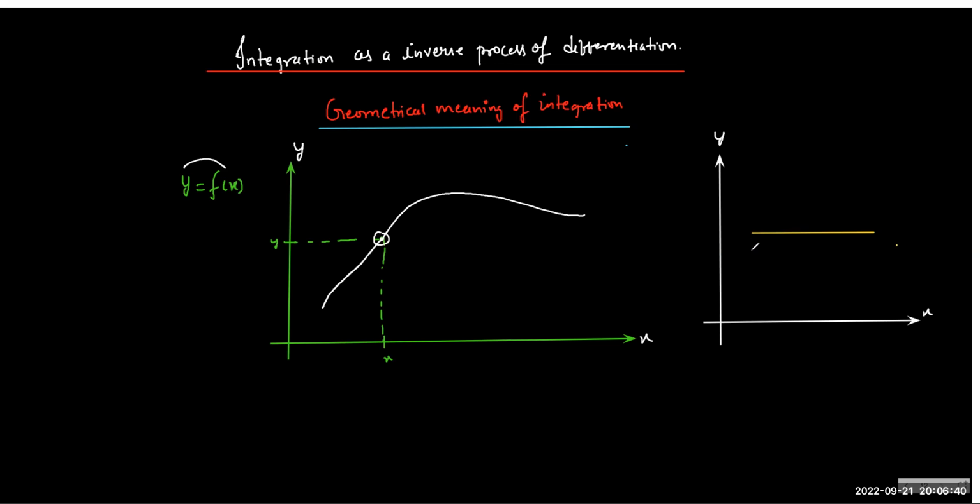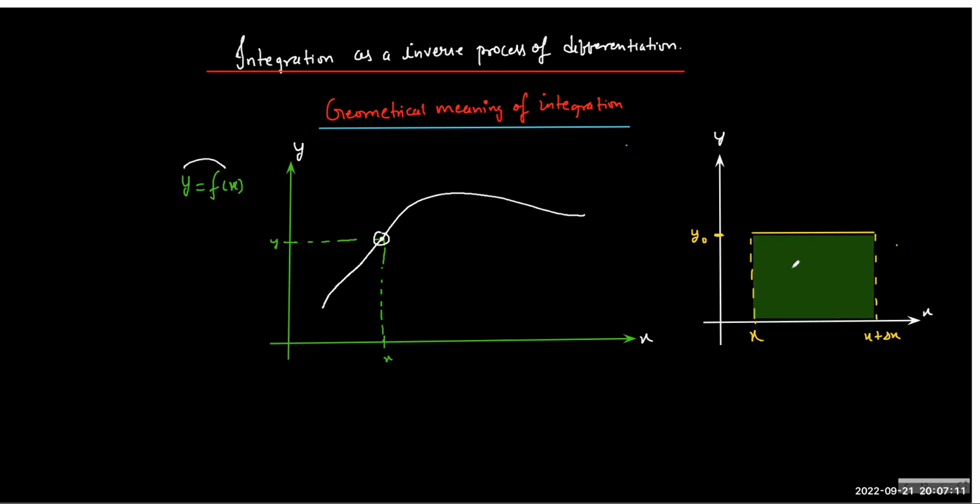So if I drop a perpendicular from the end of the line, it is touching at, let's say, x, and this is x plus delta x. And this height is constant, it's maintained as y naught. So this area which we enclose beneath the line, or to say graph, how much is this area?